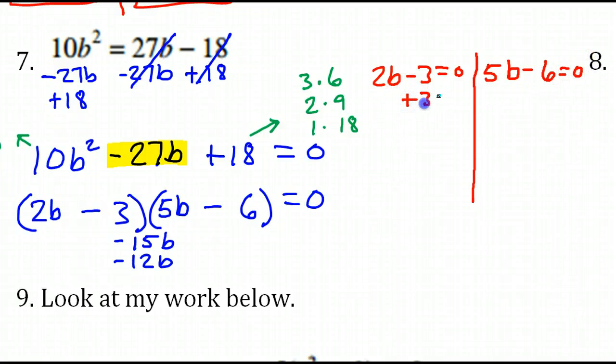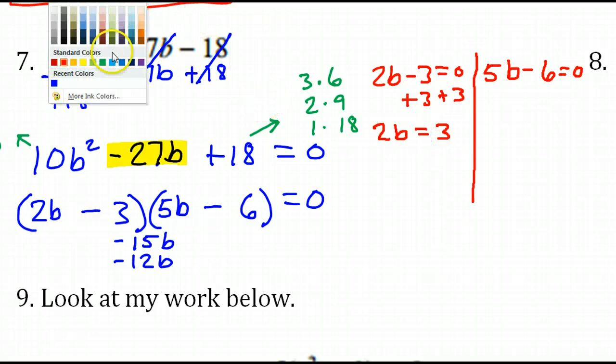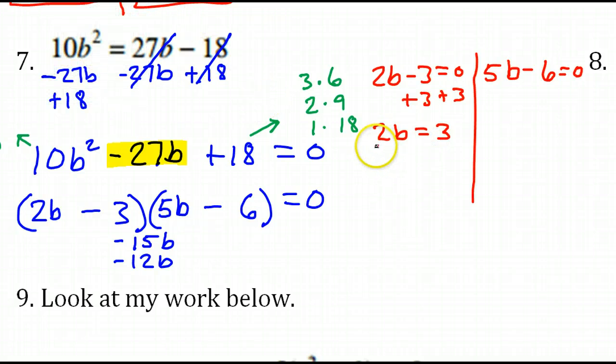So adding 3 to both sides gives me 2b is equal to 3. Okay, now dividing both sides by 2 gives me b equals 3 over 2.